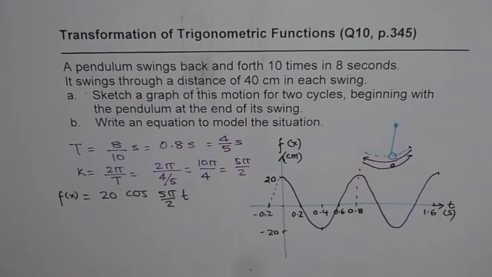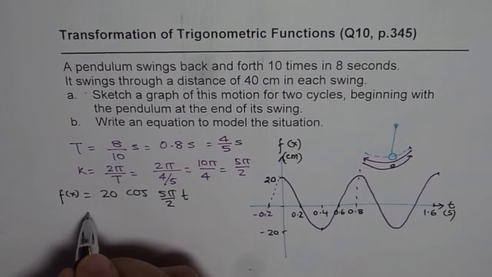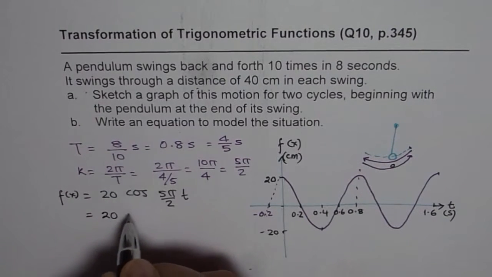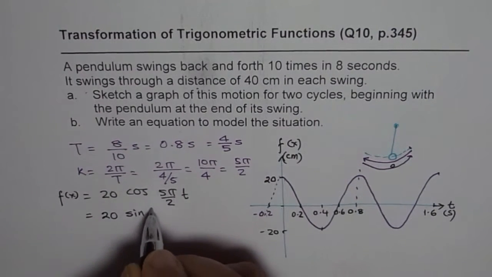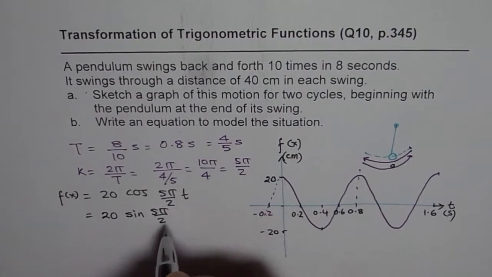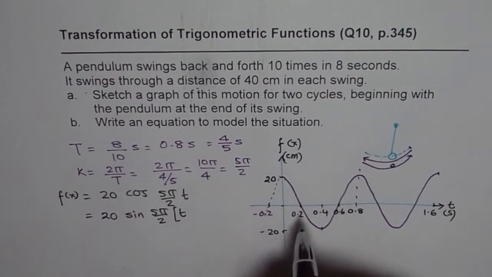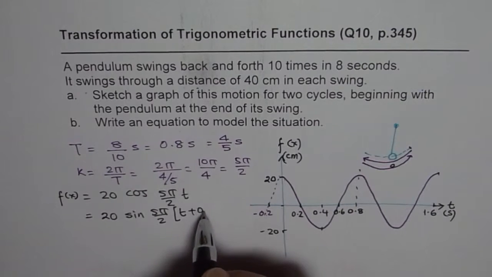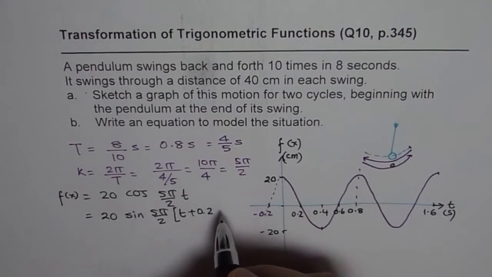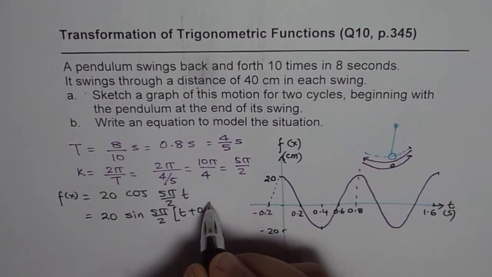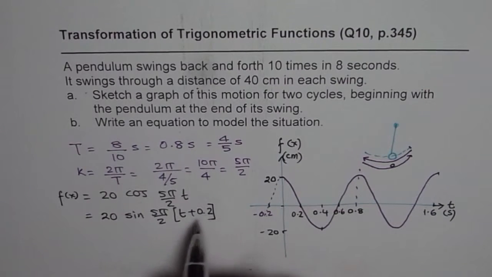So the function could also be written as 20 sine of 5 pi by 2, which is the k value, times t plus 0.2. Correct? So that is the way to write it as a sine function. Both ways you could represent this particular pendulum motion in the form of an equation.